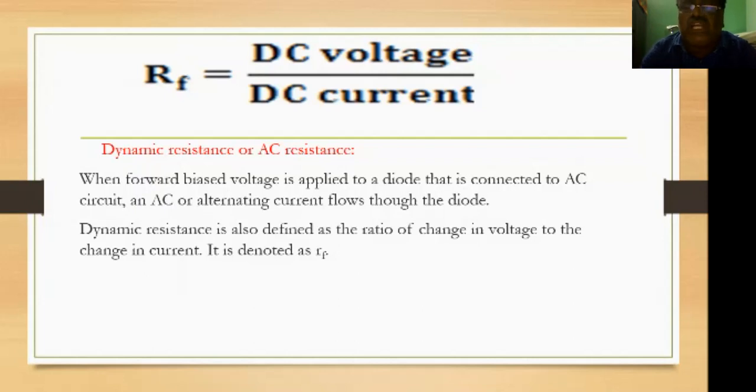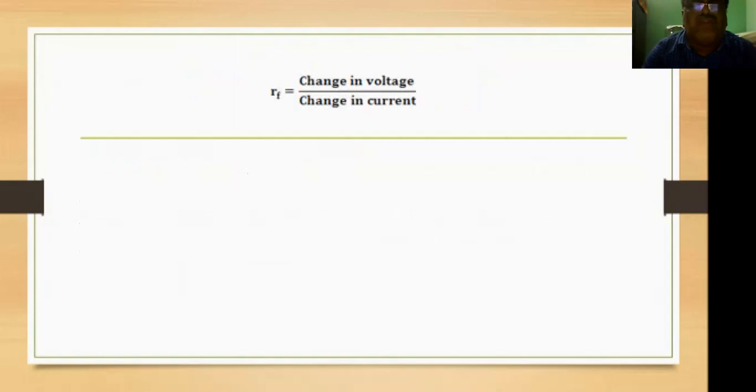It is denoted by RF. So RF, the forward resistance, is equal to change in voltage divided by change in current.